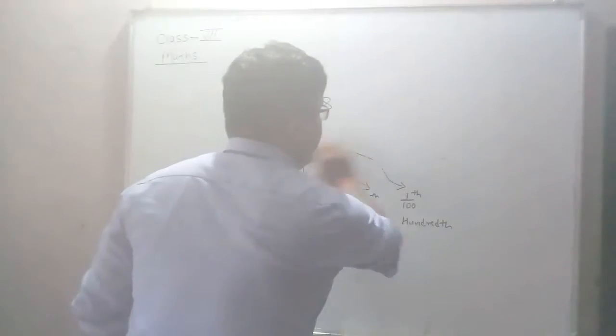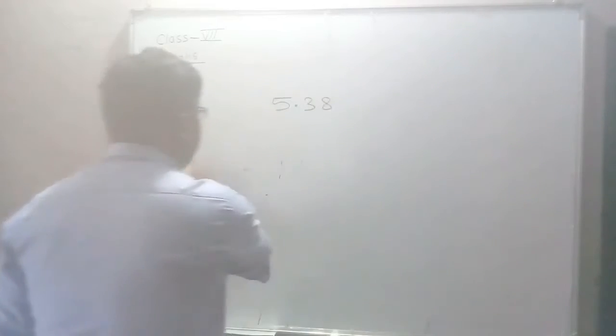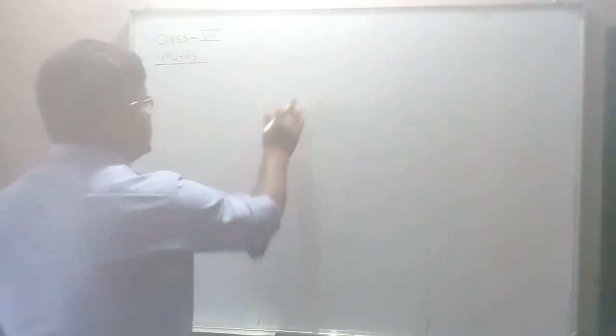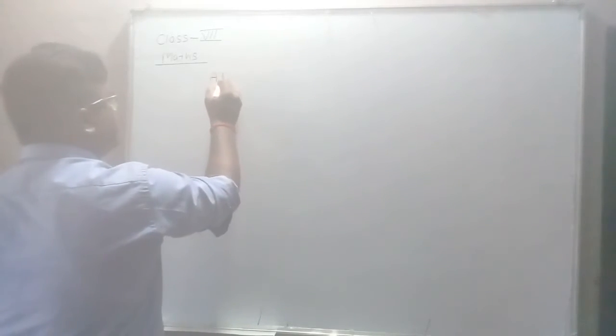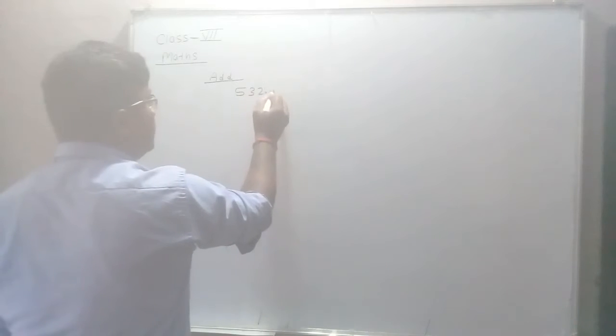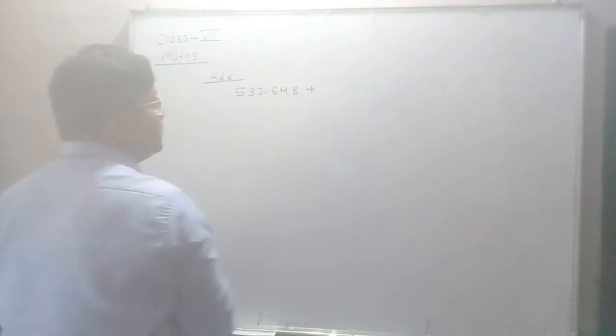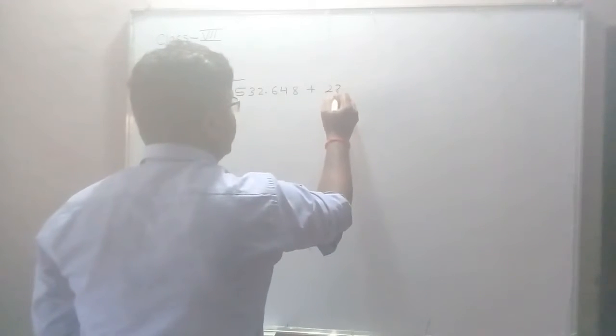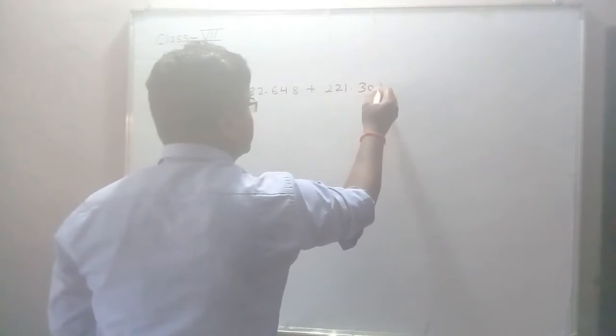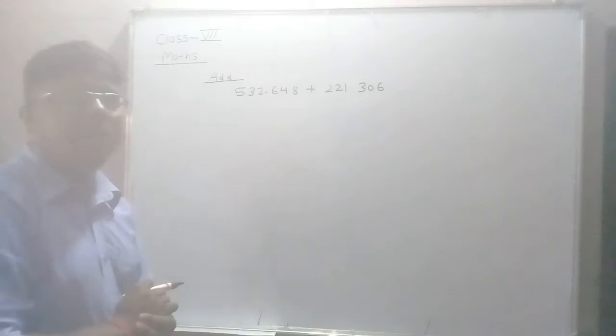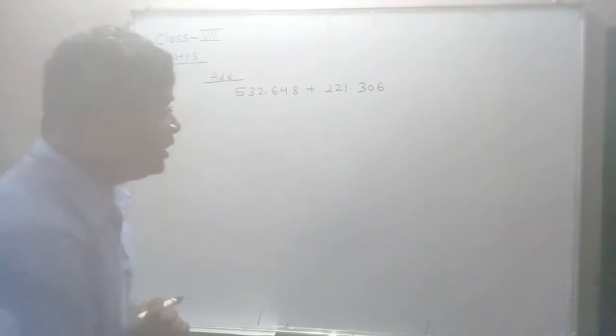Now let's see the addition of decimal numbers. Suppose you add 532.648 plus 221.306. How to add these numbers?